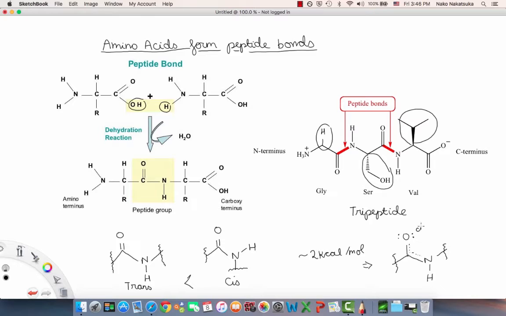This oxygen would have a slightly negative charge, and this nitrogen would have a slightly positive charge. So the amide is conjugated, and the conjugation results in a barrier to rotation around the carbon-nitrogen bond. Thus, all of these peptide bonds are planar.